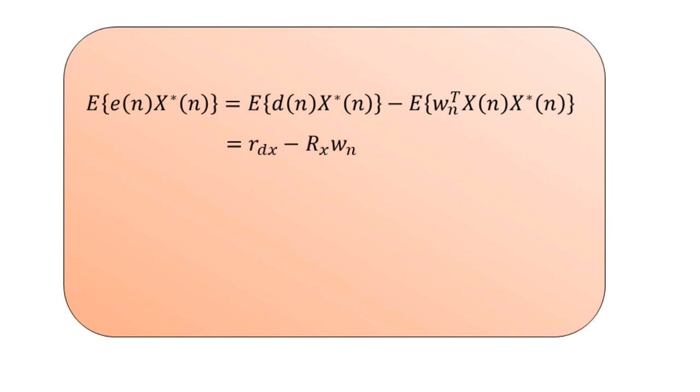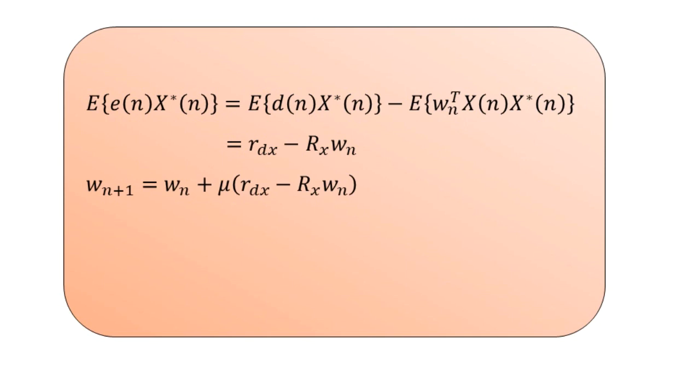So therefore the steepest descent algorithm for this current case will be represented by w suffix n plus 1 is equal to w suffix n added by mu times the subtraction, where it is r suffix dx minus capital R suffix x into w suffix n.